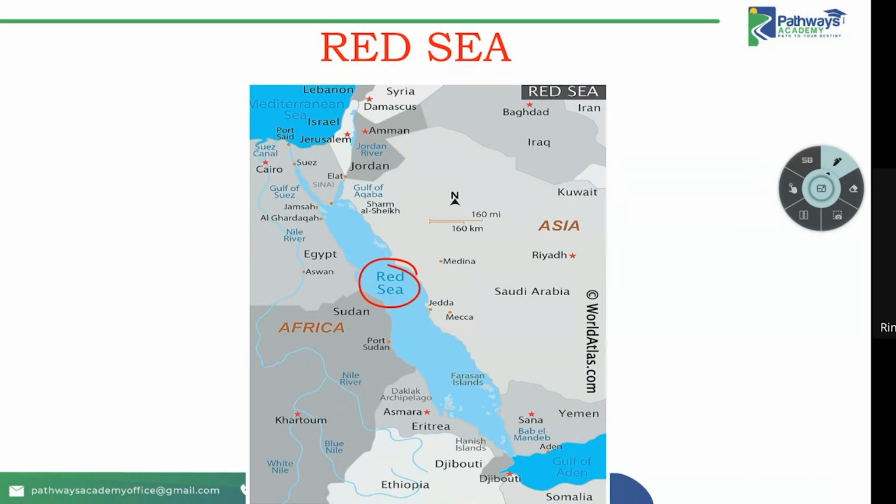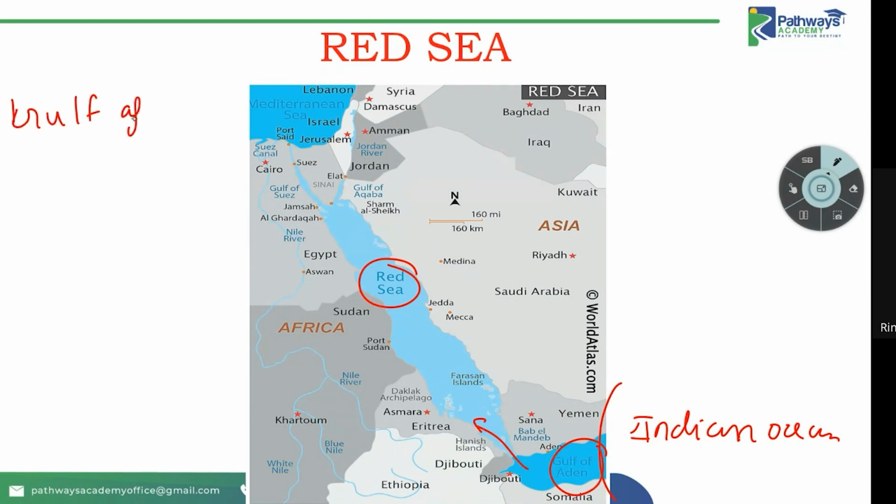How are the Gulf of Aden and the Red Sea connected? They are connected through the Strait of Bab el-Mandeb. The Gulf of Aden is part of the Indian Ocean, and it is connected to the Red Sea through Bab el-Mandeb.